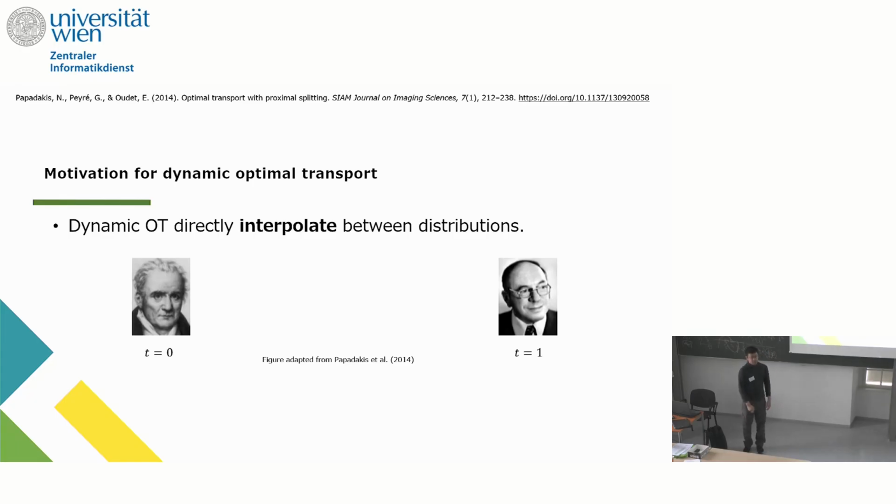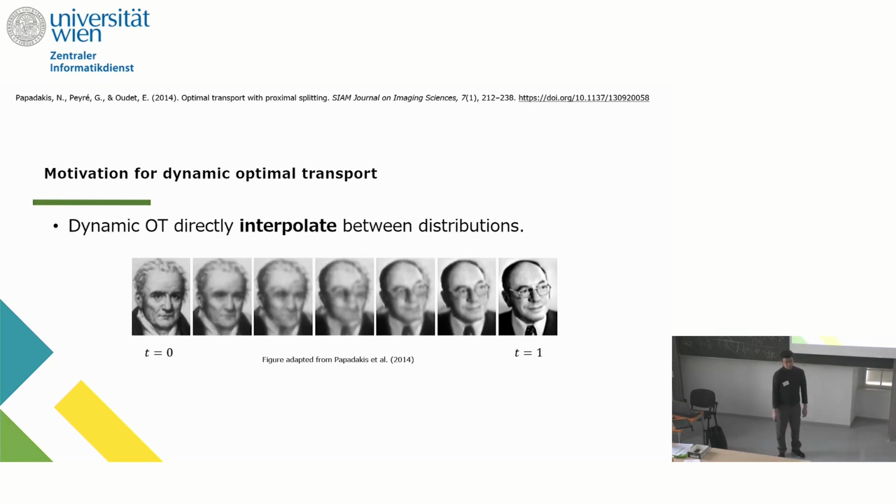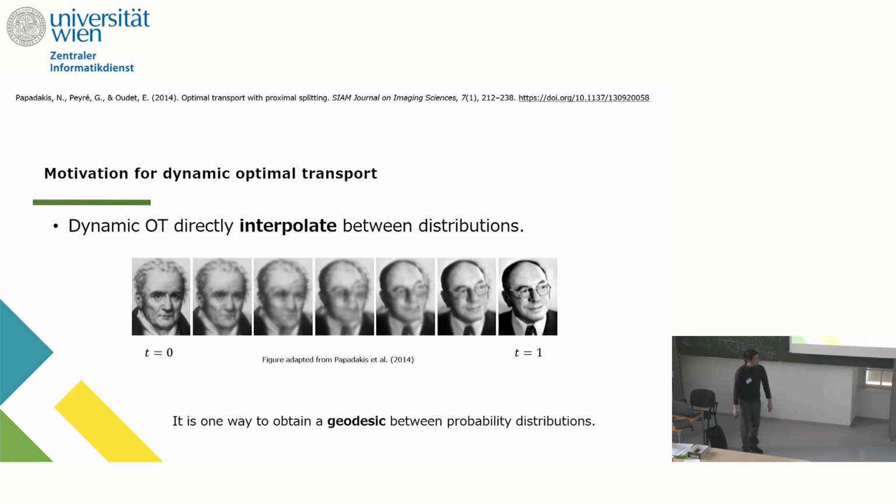Since those grayscale images can be seen as a distribution, we can interpolate them using optimal transport. And this was the result in the paper in 2014. In other words, it is one way to obtain a geodesic between probability distributions. This is not the only way to find the geodesic, but it is one way.